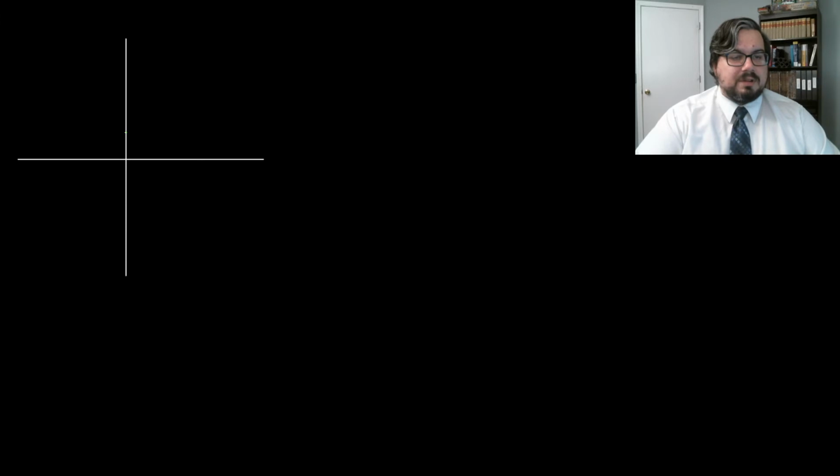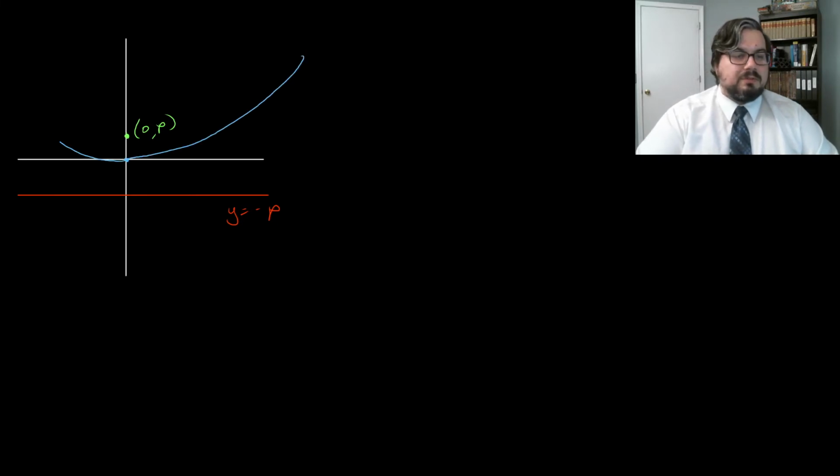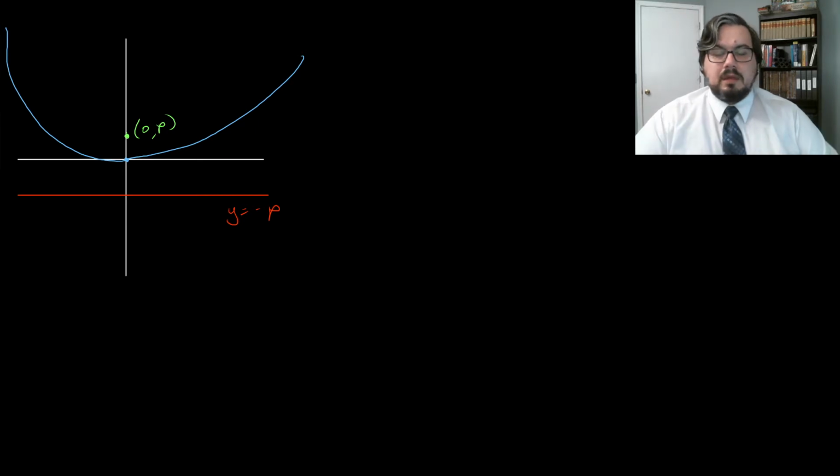So let's start off by seeing how we would take a parabola with a given focus and directrix with vertex at the origin and move it somewhere else. Now let's look at what happens if we shift this whole figure to another point.